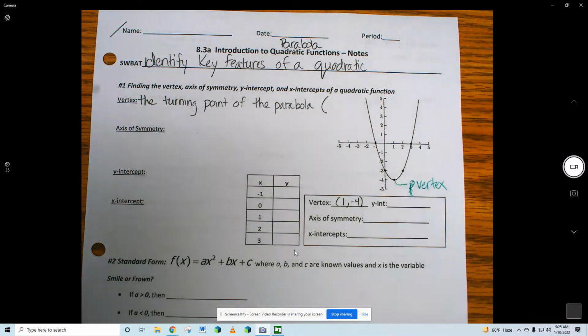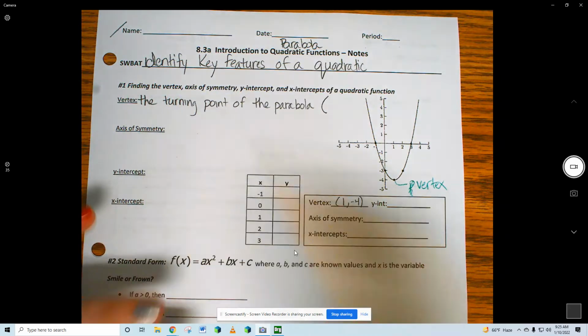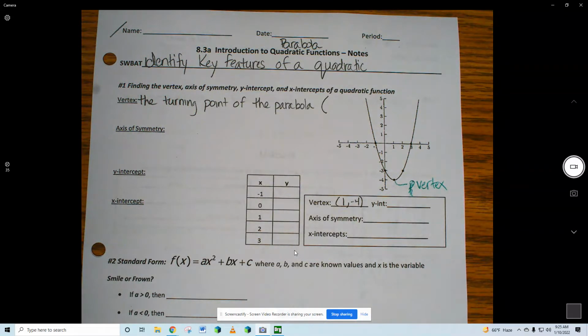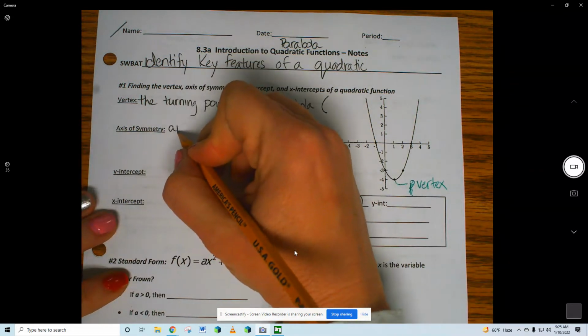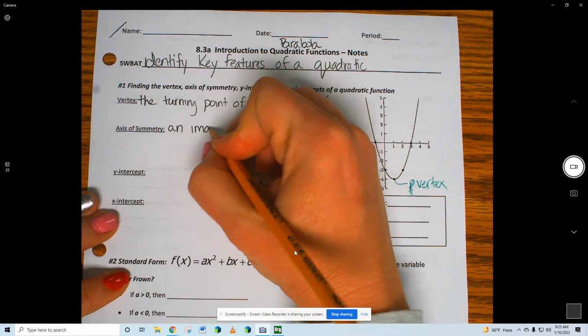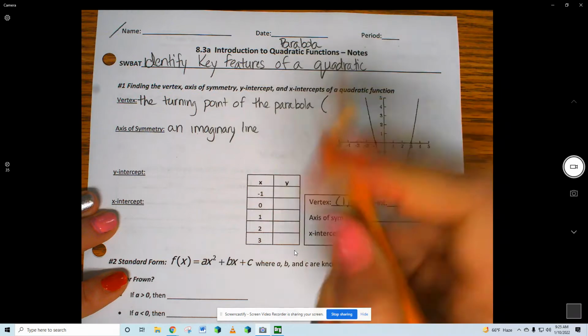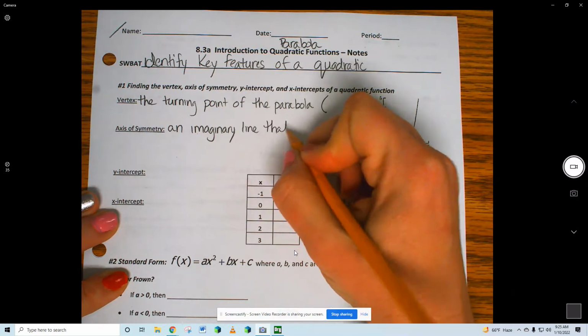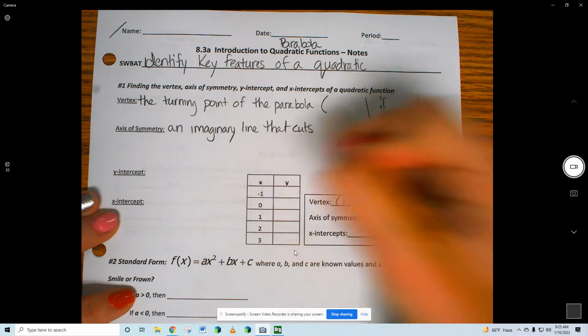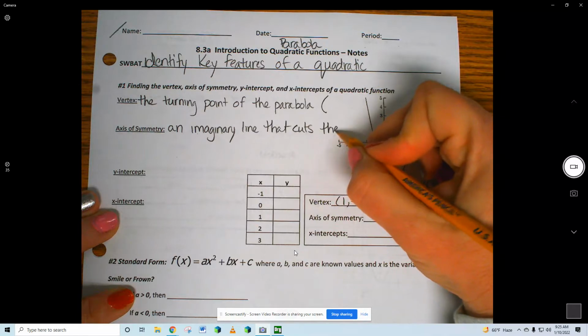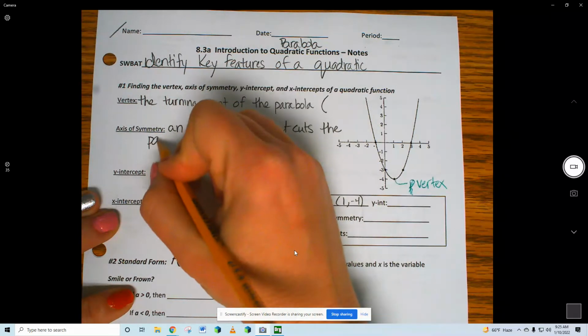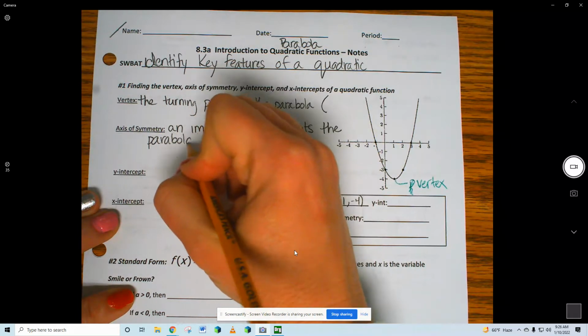Next vocab word, axis of symmetry. Axis of symmetry is an imaginary line that cuts the parabola in half.